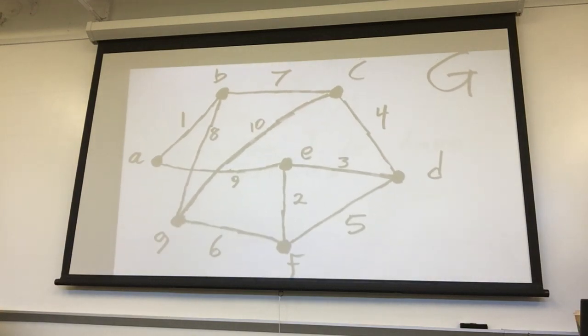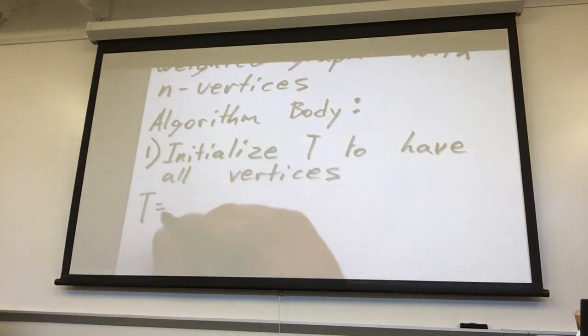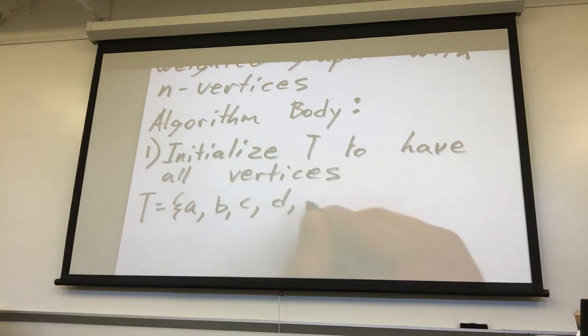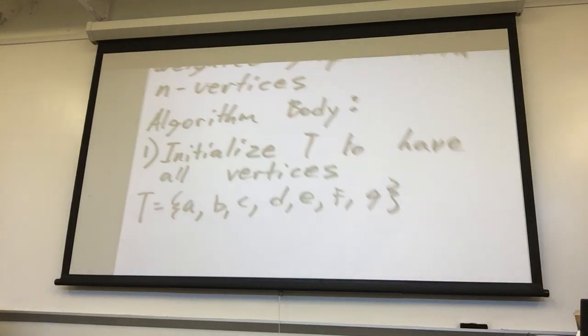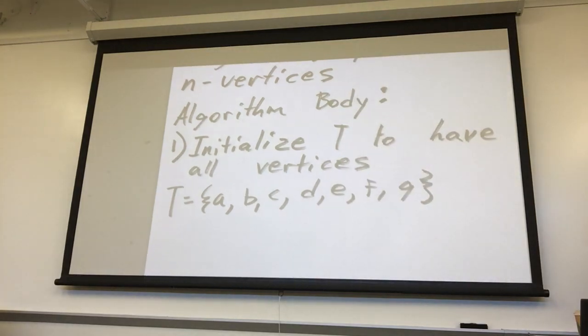by initializing T, we're going to capture all of the vertices, meaning all of the lettered ones. And so T would equal the set A, B, C, D, E, F, G. That's the first step of the problem.